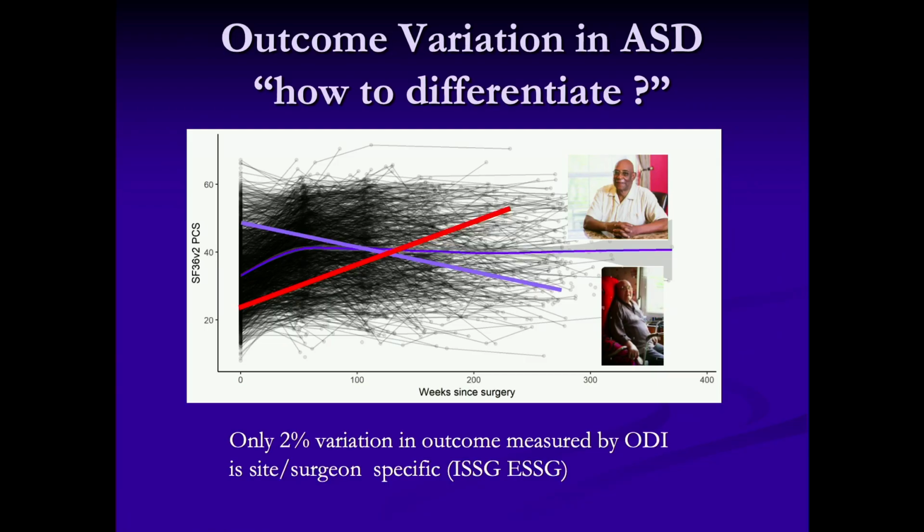Well, if you look at the variability in outcome driven by surgeon alone in the ISSG and ESSG, the variation is about 2% in terms of how patients do. At benchmark levels where everyone's very experienced and practices at major deformity centers, who operates on the patient doesn't seem to make that much difference.